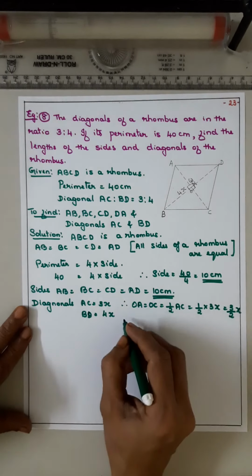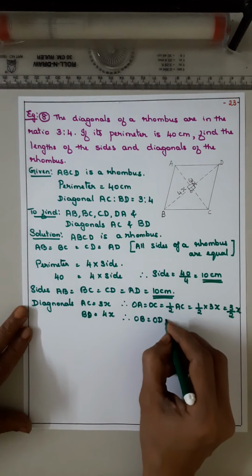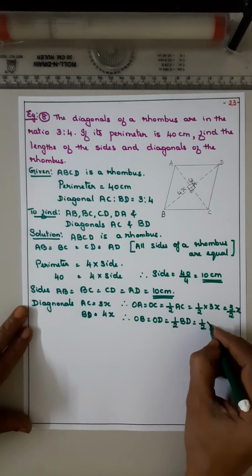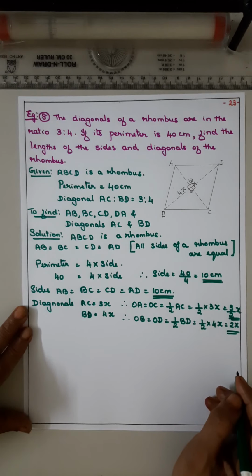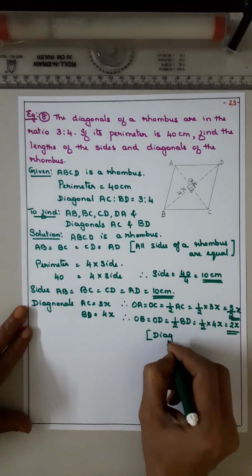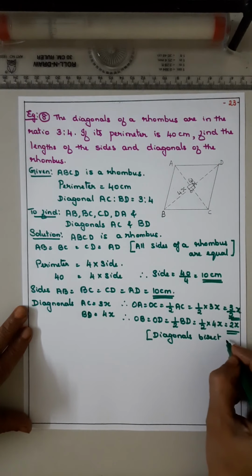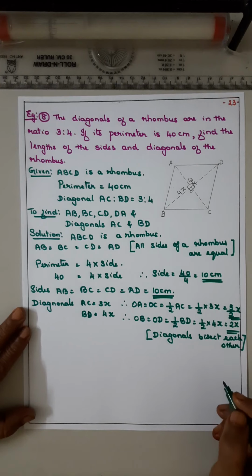Okay. BD is equal to 4x. Therefore, OB is equal to OD is equal to half into BD, that is half into 4x, that is 2x. Why? Because diagonals bisect each other. That is why OA is equal to OC, OB is equal to OD.